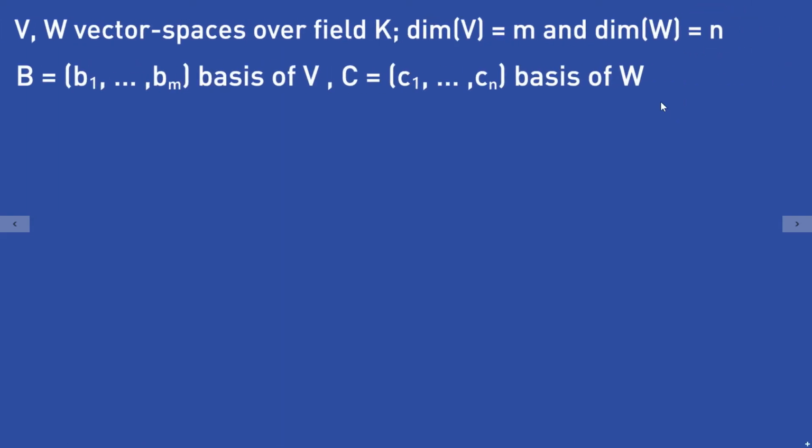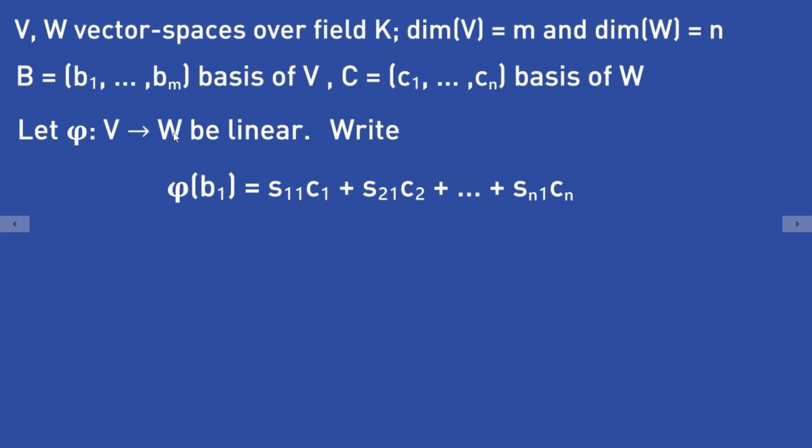Let B is equal to B1 to Bm be a basis of the space V, and let C is equal to C1 to Cn be a basis of the space W. Let phi be a linear mapping from V to W.